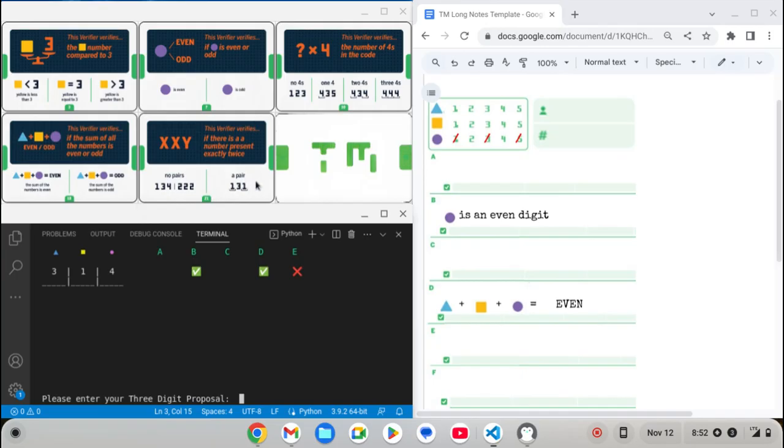So let's go ahead and type that up in our notes in section E. And we'll say that the solution has a pair. And I apologize, there is a little bit of a lag time.